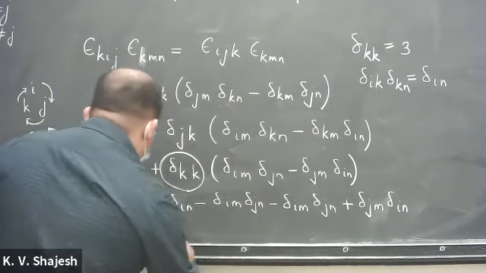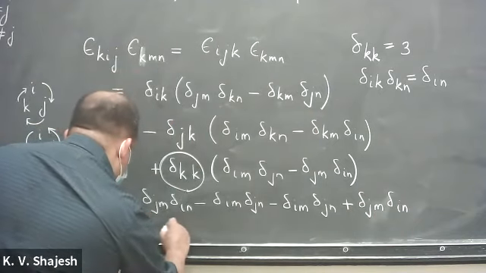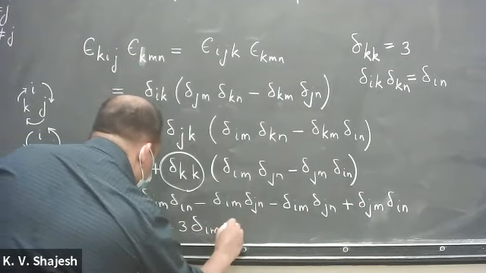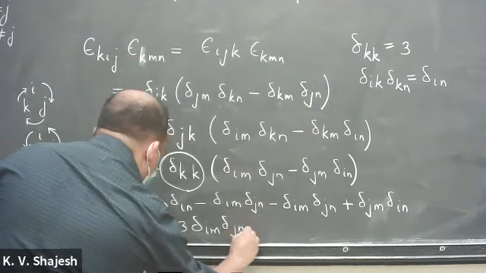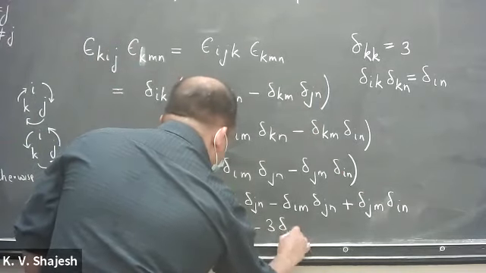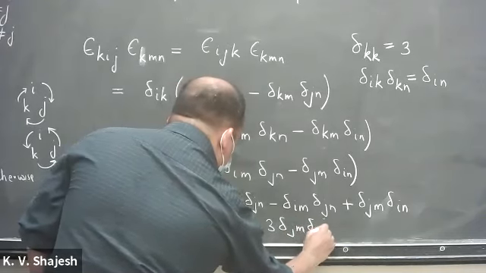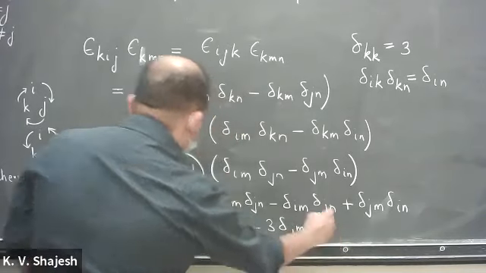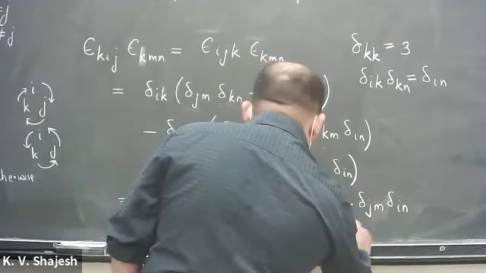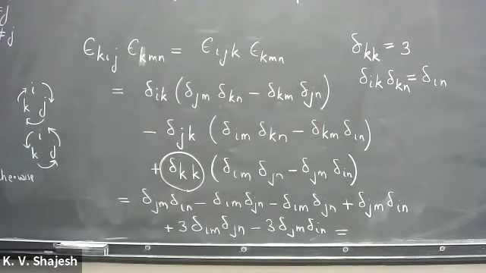And this one is just 3, right? So it's plus 3 delta MN minus 3 delta JM delta IN. If you notice, these are all the same structure.